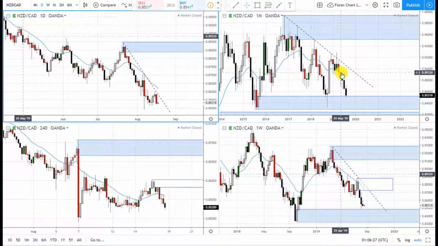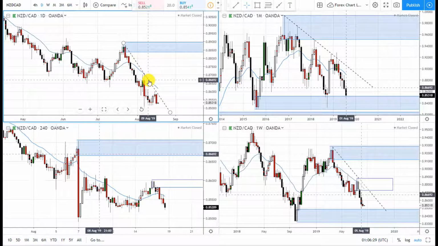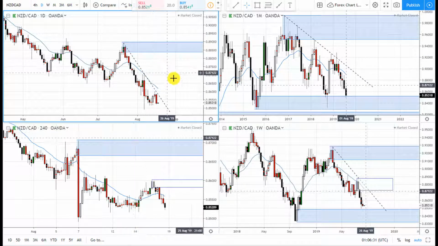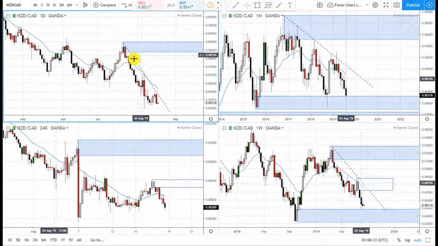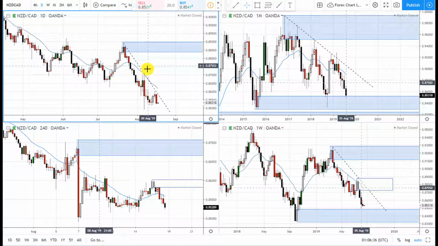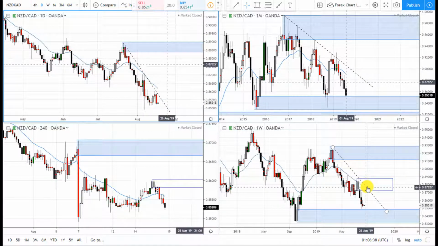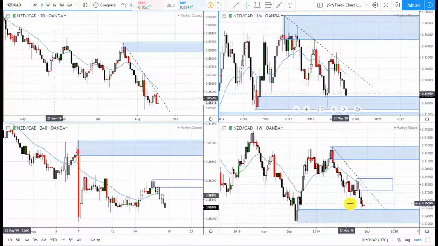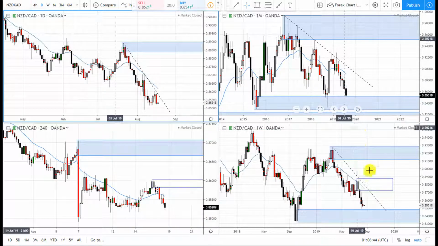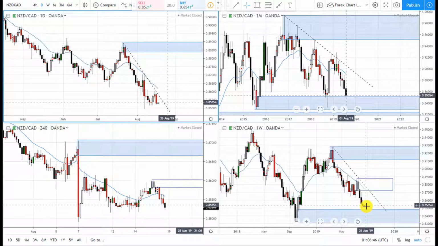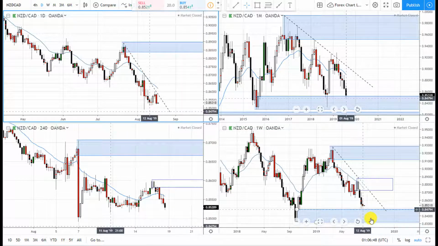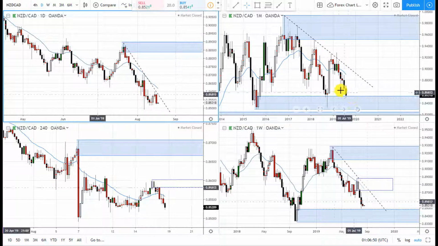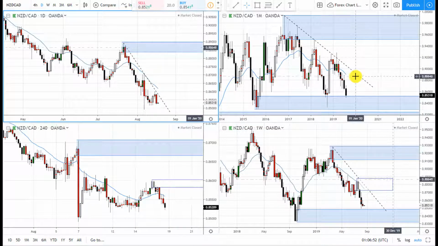If you're trading the monthly, weekly, daily charts, then you would want to wait until this area is broken before you even go long, because this could push you down lower.